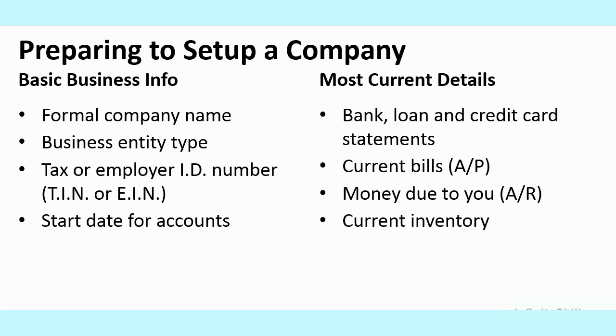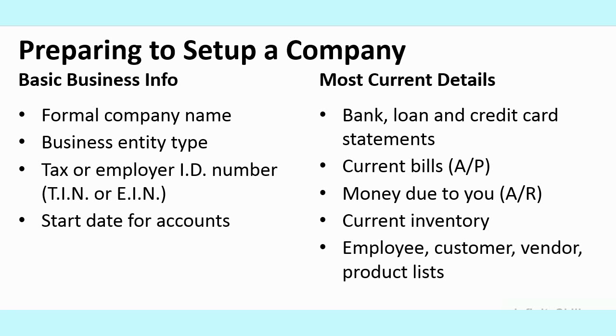If you carry inventory, you should have a listing of your current inventory, including current quantities on hand. It's helpful to have employee, customer, vendor, and product lists available as well, so that you can enter at least some of the most used from those lists. And that way, it will be done, and people won't have to do that as they start using QuickBooks.